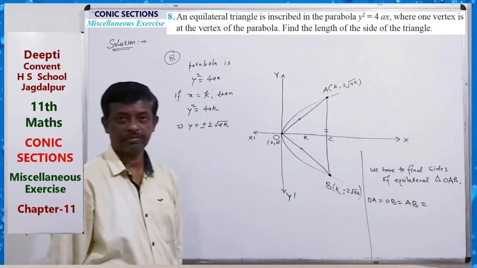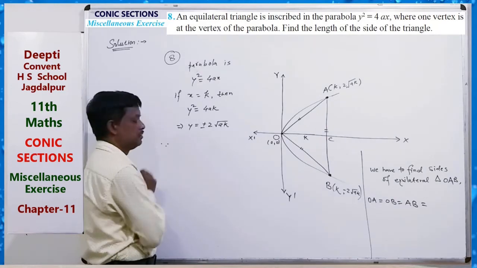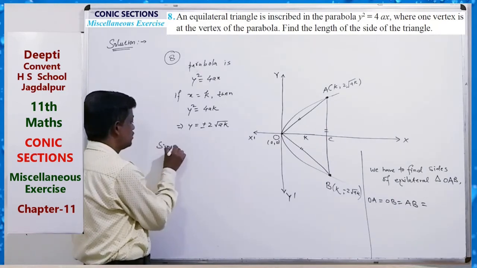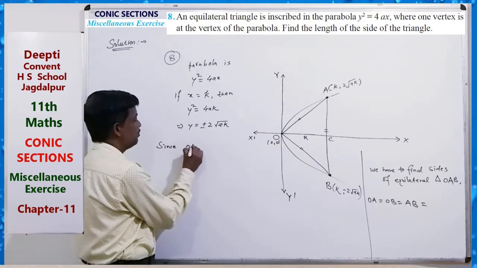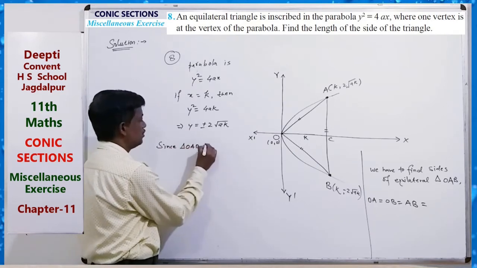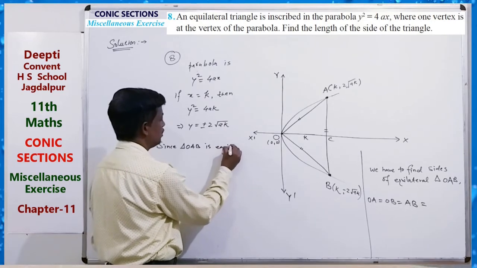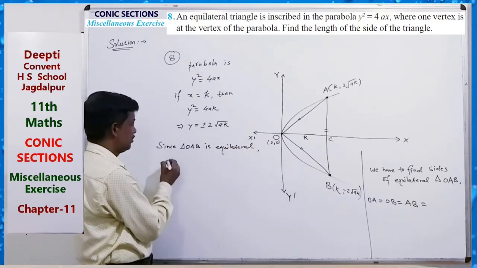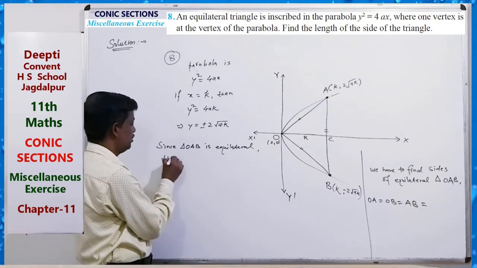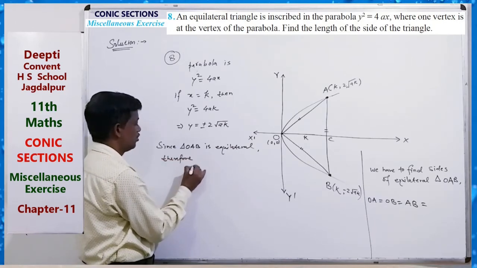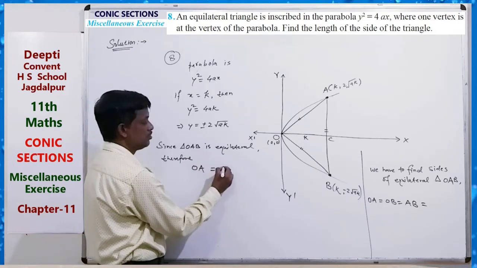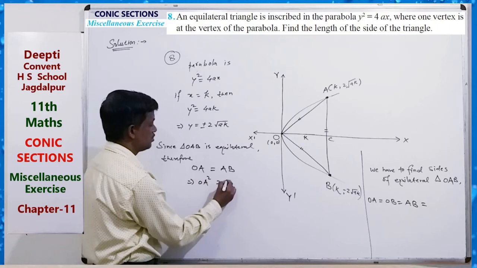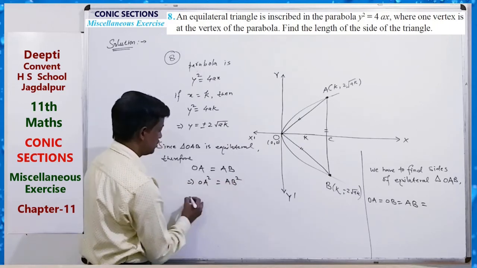Now we can find the value of k. How? Since OAB is equilateral, therefore OA equals AB, OA square equals AB square.